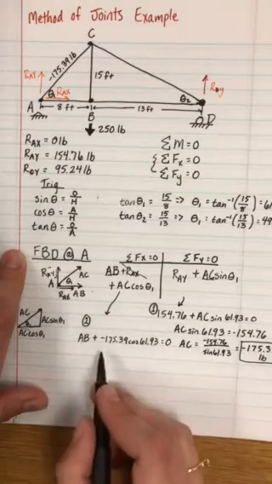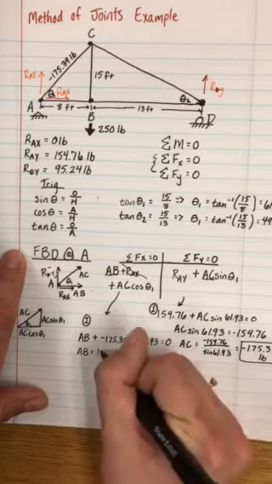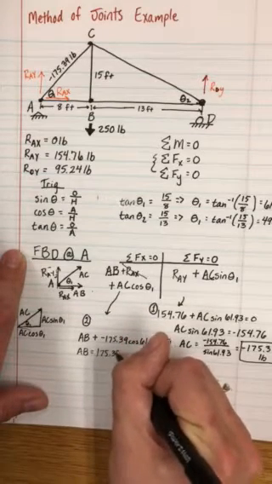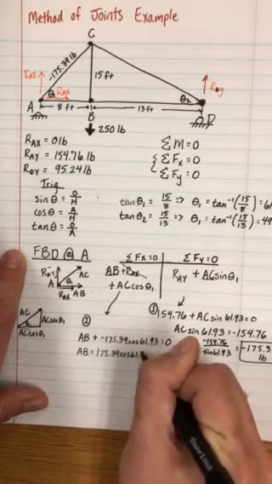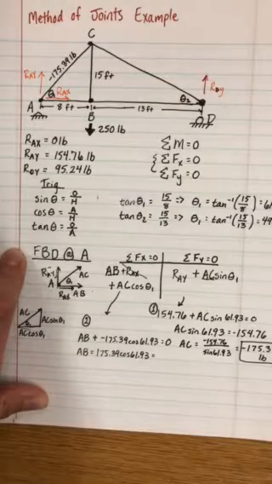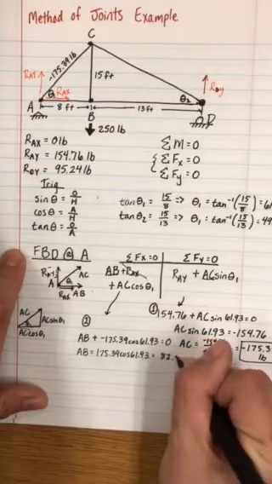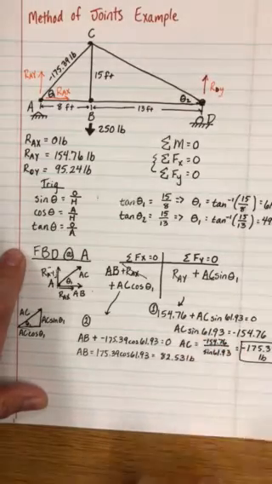Now I'm going to go ahead and add this to the other side of my equation. So AB equals 175.39 cosine of 61.93. If I were to type that into the calculator, I would get, let's see, give me a sec. So I get 82.53 pounds.